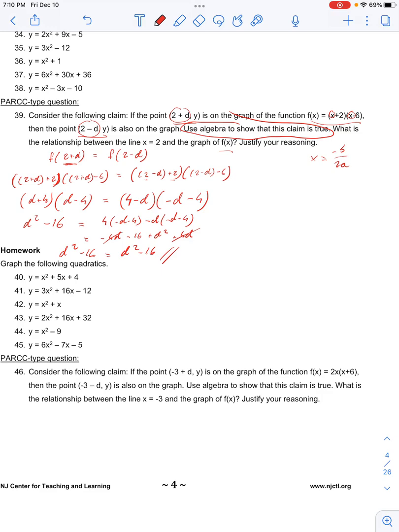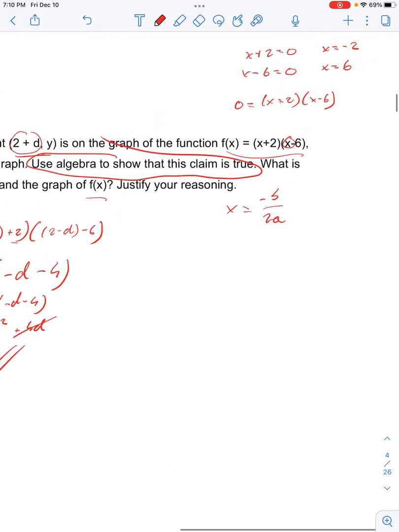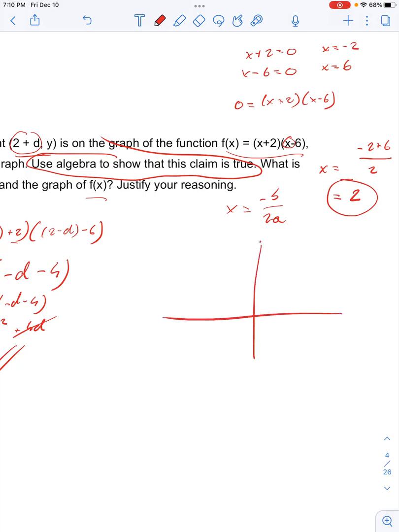My x-intercepts occur when f(x) is 0, so (x + 2)(x - 6) = 0, so I can have x + 2 = 0 and x - 6 = 0, so my intercepts are at -2 and 6. The average of these two would give me (-2 + 6)/2, which is 2. So my vertex occurs on the line x = 2.